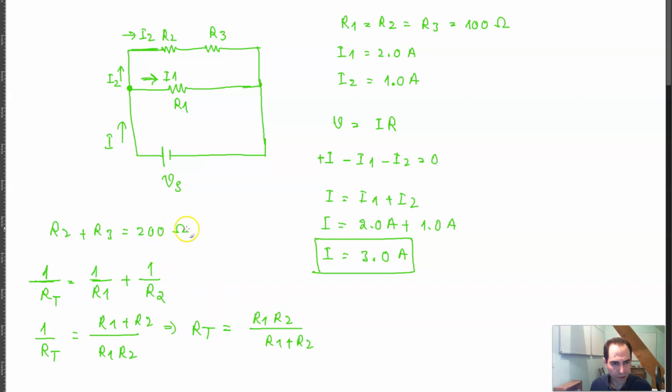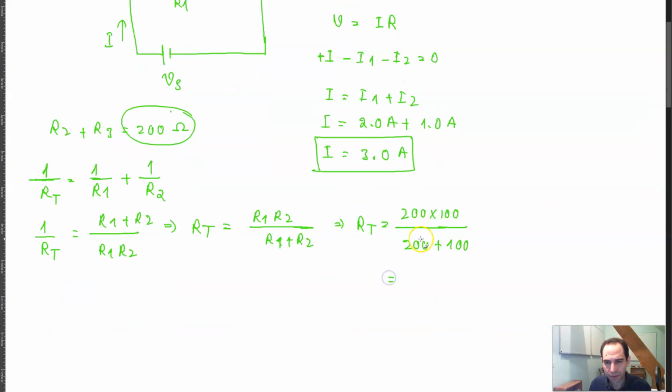Now one of the resistors is this resistor here, and the other one is another 100 ohm resistor. That means that R of T is equal to 200 times 100 over 200 plus 100, which is the same thing as 20,000 divided by 300.